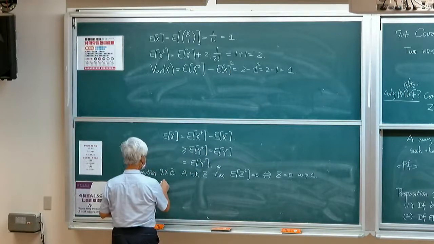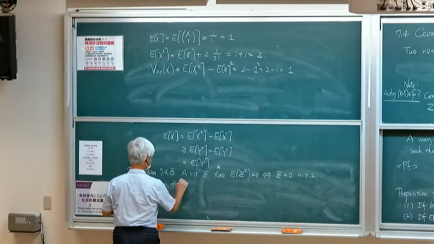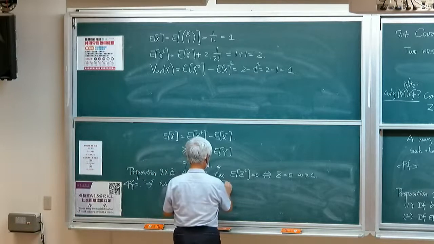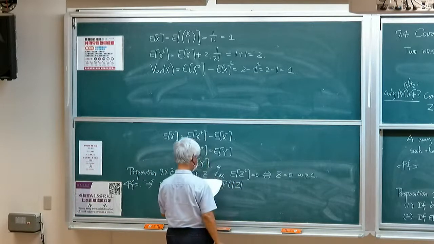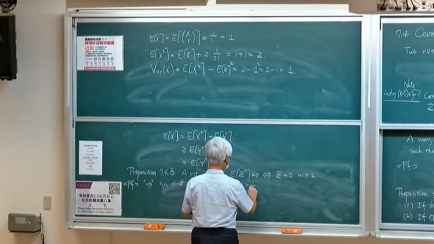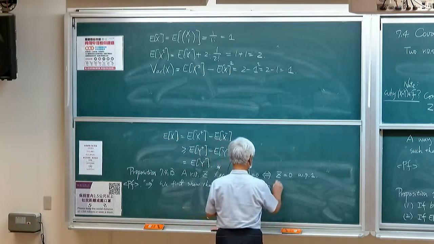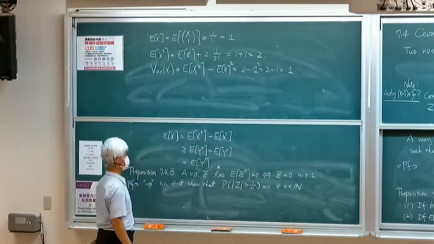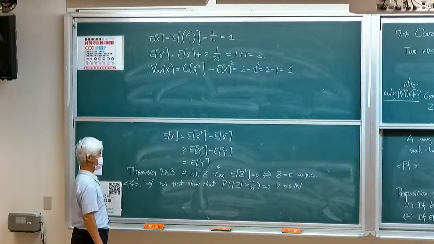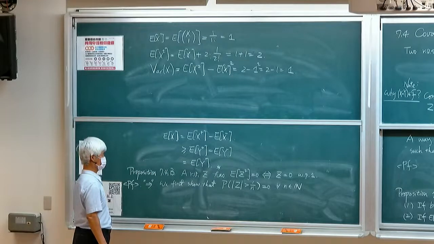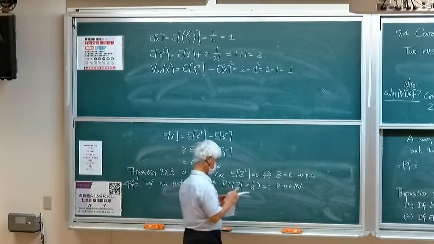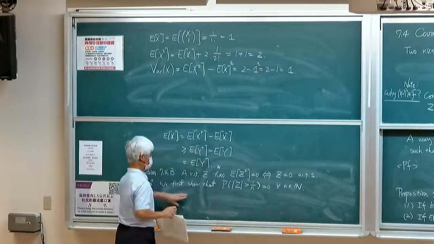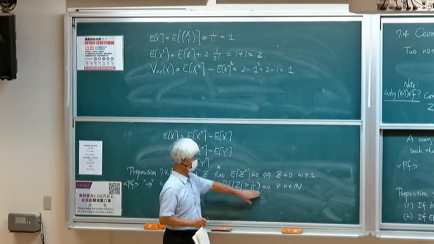Now, so we first show that the probability that the absolute value of Z is greater than 1 over n is equal to 0 for all n in the set of natural numbers. Okay. So we want to show that this is true.